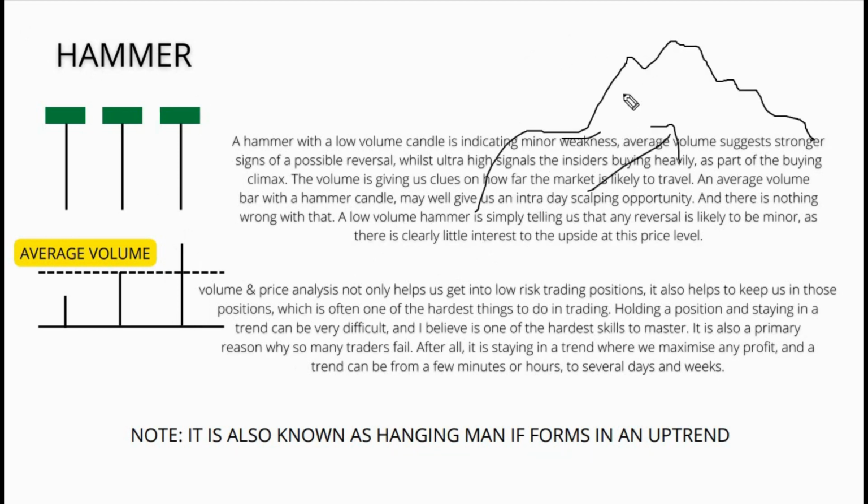So if we are long from here, we should book our profits around these levels. So the analysis of the price and the volume gives us a very important clue whether to stay in the trade or to exit it, also to enter a trade or to not enter a trade.